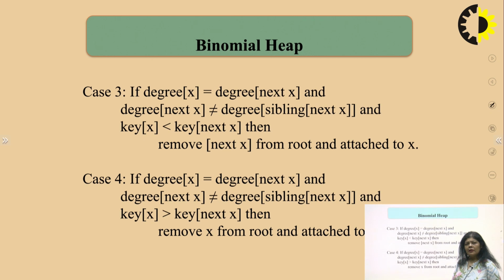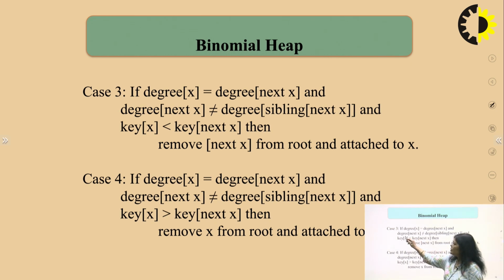In the last 2 cases, what we need to check, that for example, if the current binomial tree is referred to as X, we need to check degree of X, then we need to check the degree of the next binomial tree, and then if these 2 degrees are equal, we are performing the next check. So what is the next check here?